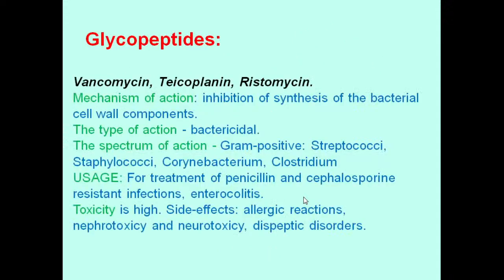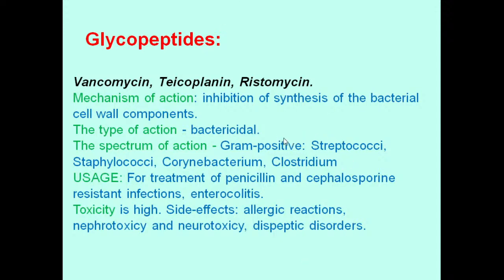Vancomycin belongs to glycopeptides. Besides vancomycin, this group includes teicoplanin and ristomycin. Mechanism of action is associated with inhibition of synthesis of bacterial cell wall components. Type of action: bactericidal.